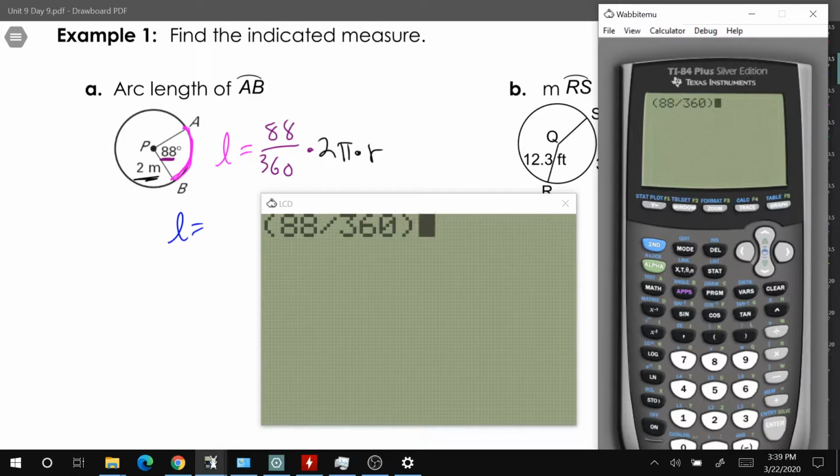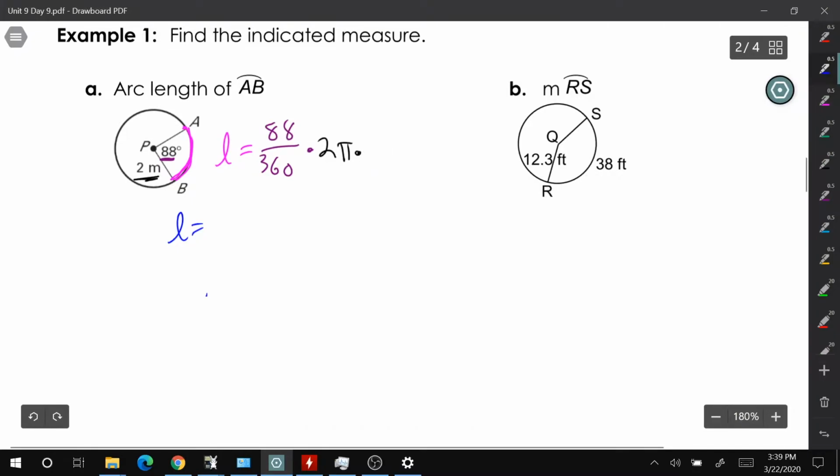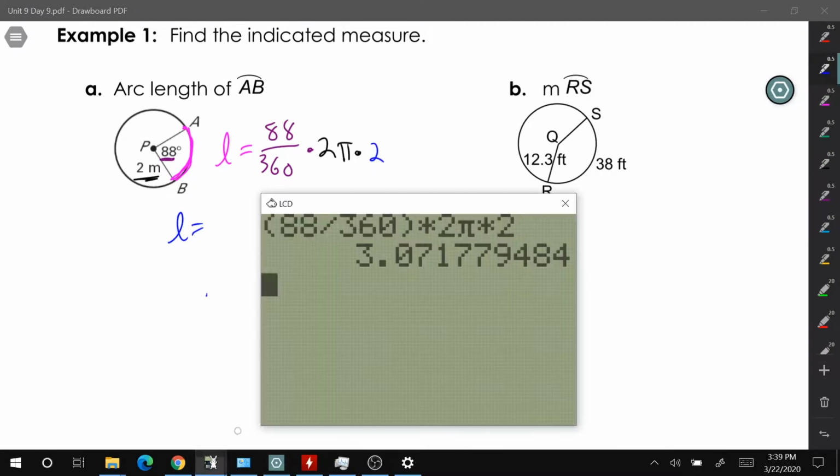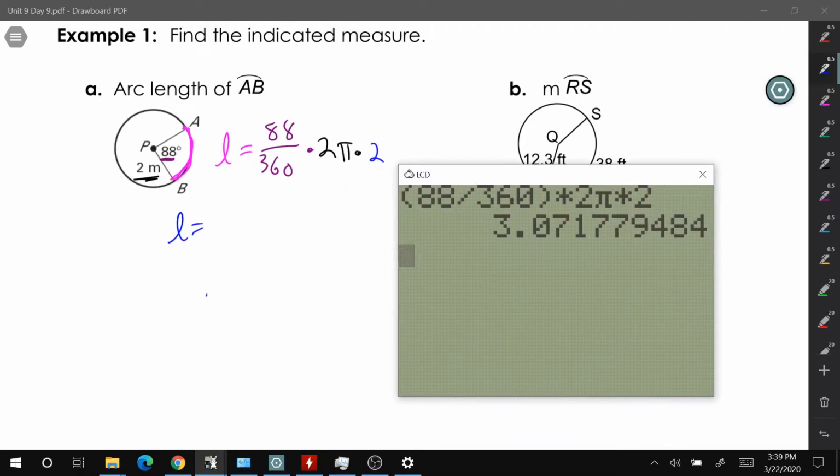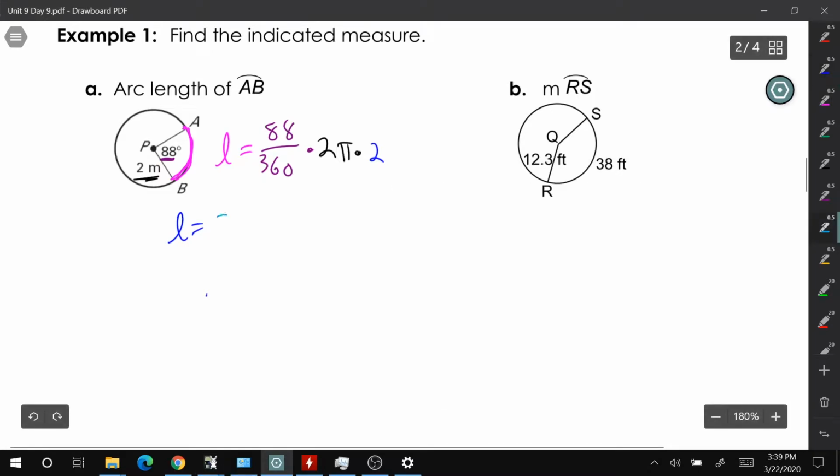Close the parentheses, times 2 times pi times the radius in this problem, which is 2. There should be a 2 right here. So then the arc length is going to be 3.07. 3.07 meters.